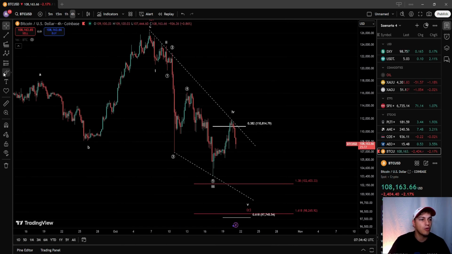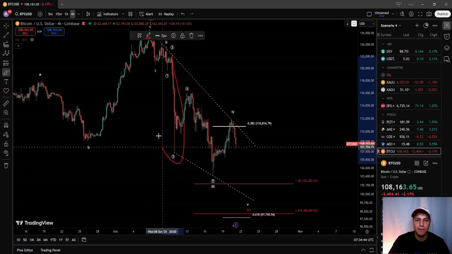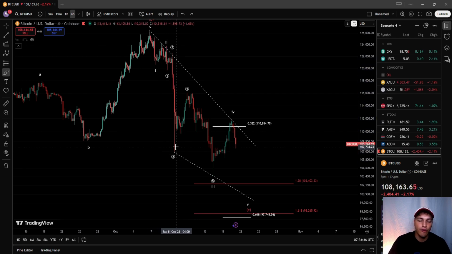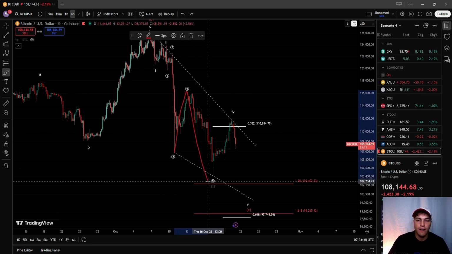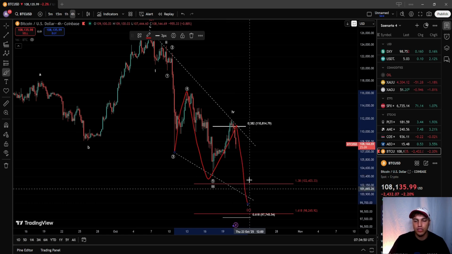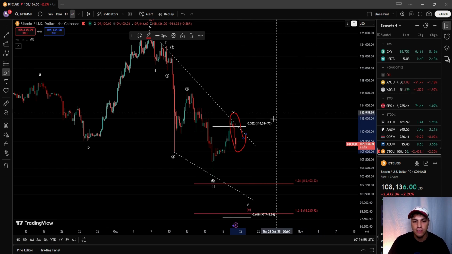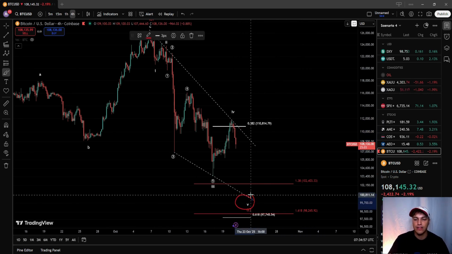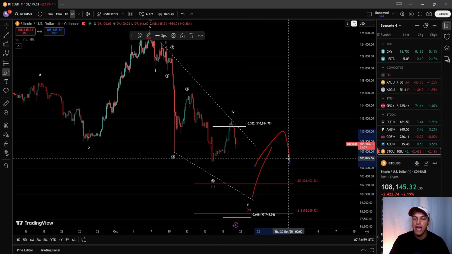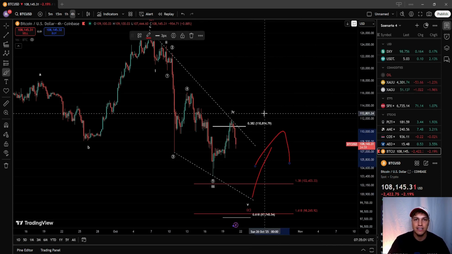So after the double 1-2, we had this big wave 3 move to the downside, followed by a 4, 5, 4, and now we are possibly seeing the start of a wave 5, the last wave 5 in the structure before we turn around and put in new highs.